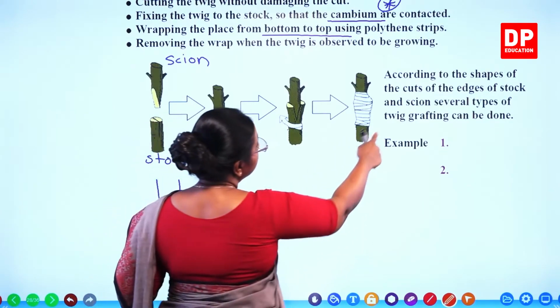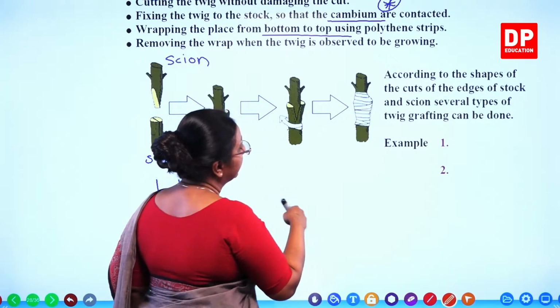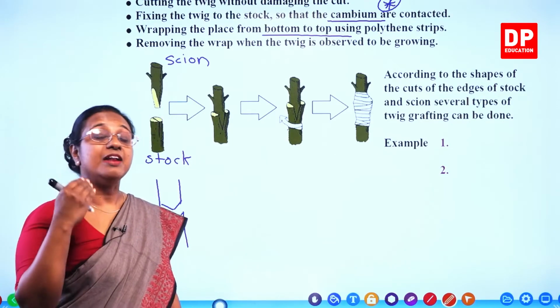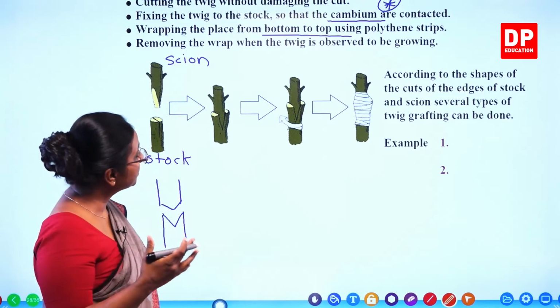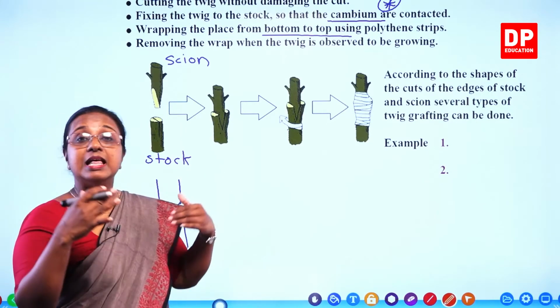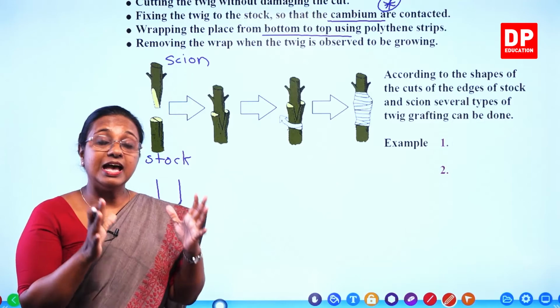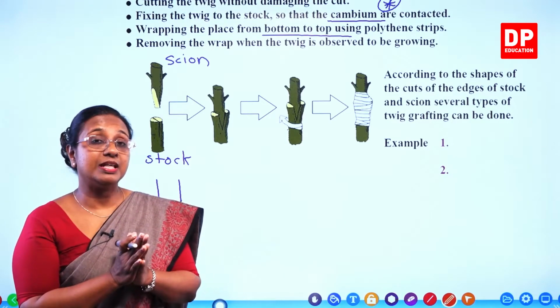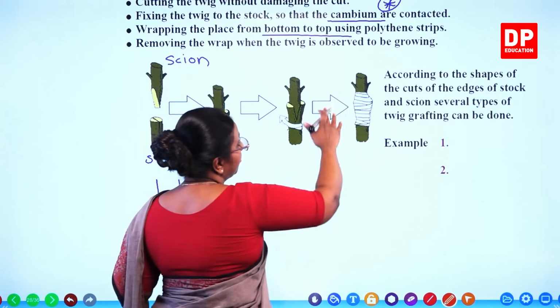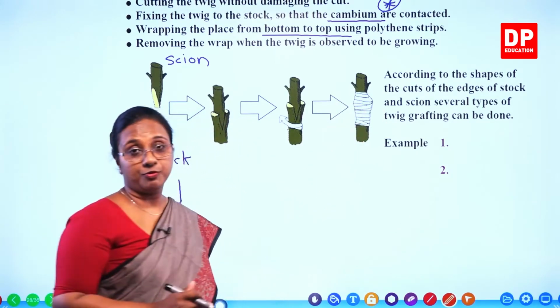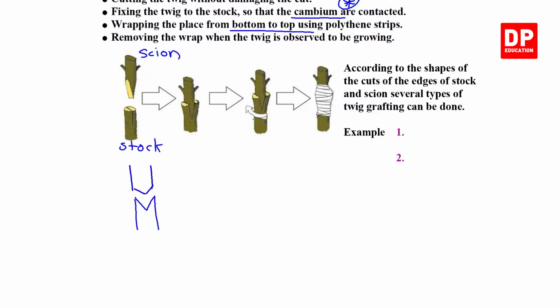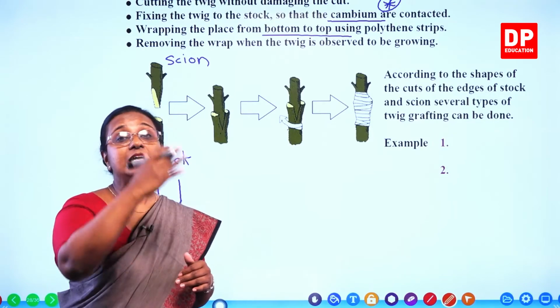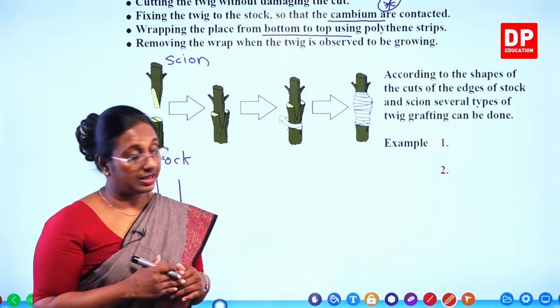So thereafter, once it's wrapped completely like that, it is allowed to grow, and after a few days, when you observe that the cambiums of the stalk and scion have fused together and started growing together, then of course this polythene strip can be removed. So then they will be grafted together and the new scion will grow. So we will have the root system of the stalk and the rest of it will be the scion.